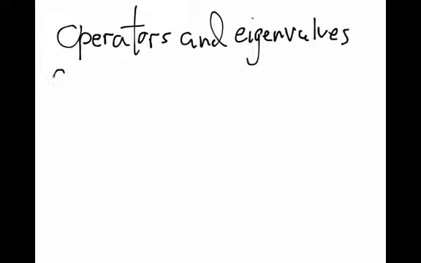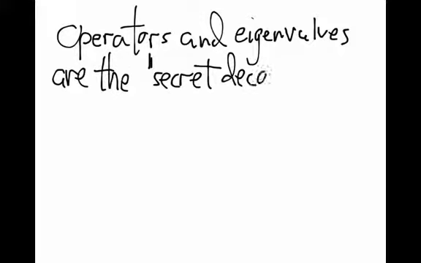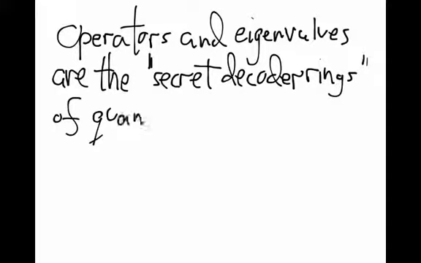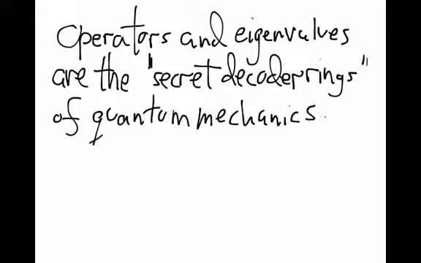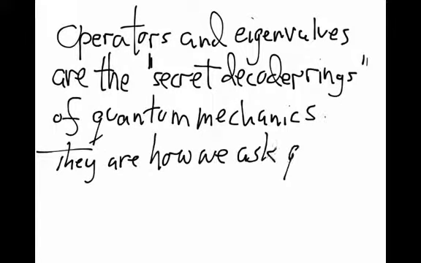So basically, operators and the eigenvalues associated with those operators are what I call the secret decoder ring of quantum mechanics. They are basically just how we ask questions of quantum objects, of little tiny wave-particle duality thingies that are represented by a wave function.